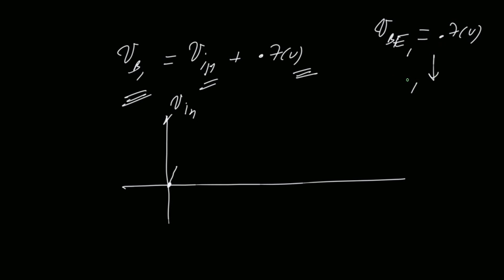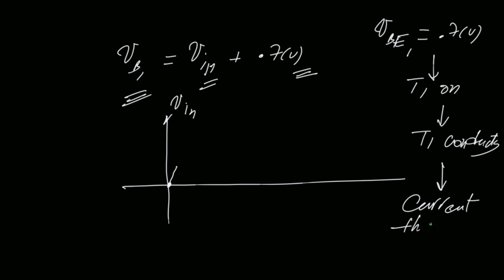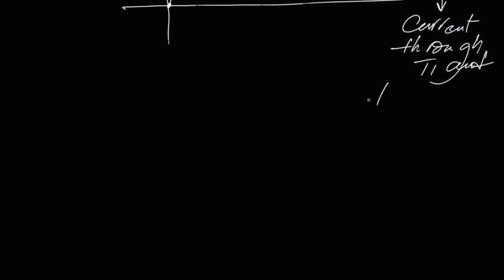Which means that T1 is turned on, which means that T1 conducts, which means that there would be a current through T1 and through RL.